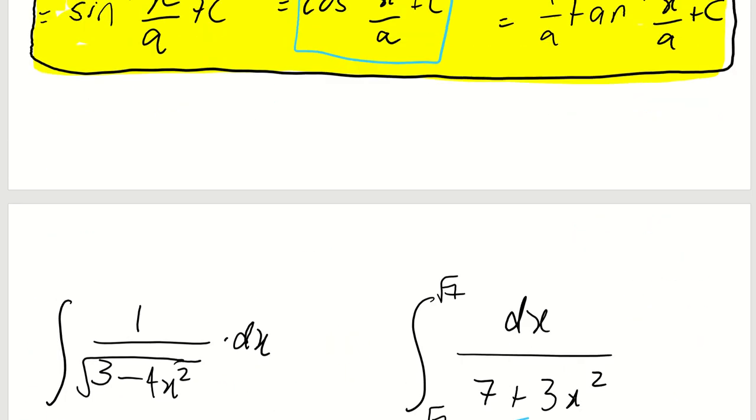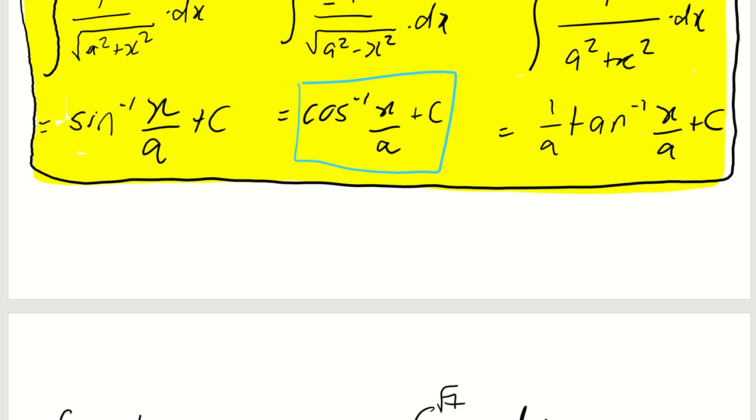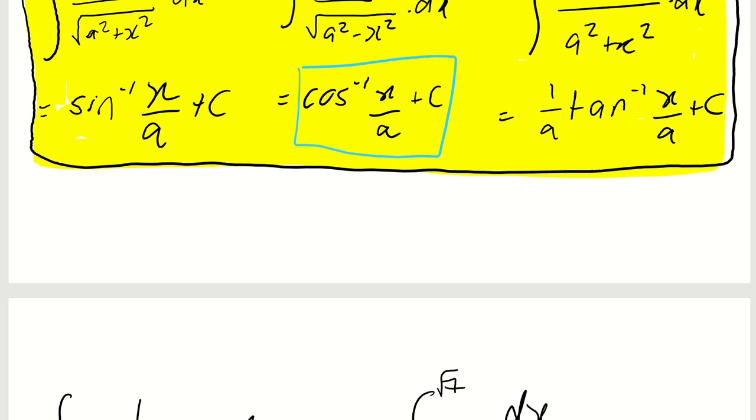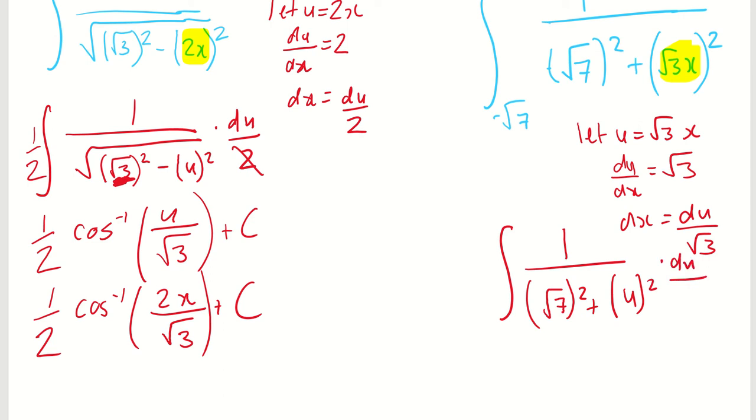So this is looking like tan because it has no square root on the bottom. And remember, tan is the only one that has the 1 on a out the front also. So now I say, okay, make my substitution. That's going to be the integral of 1 over root 7 squared plus u squared, times du on root 3.